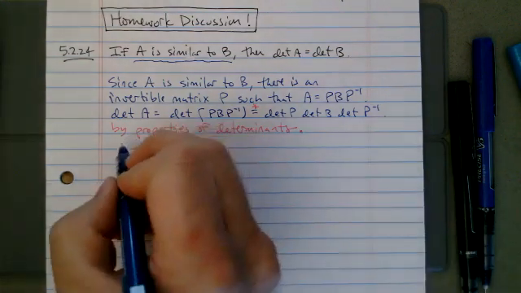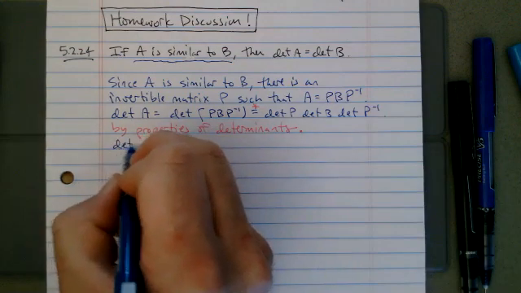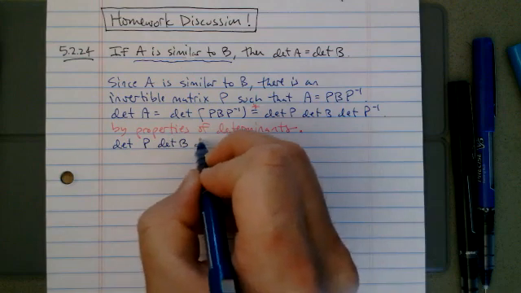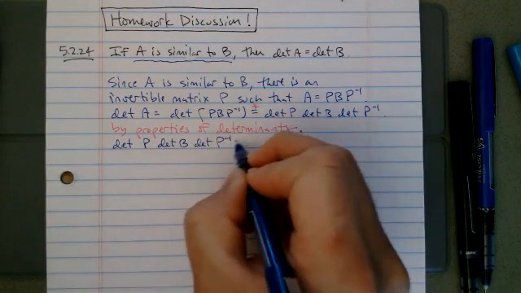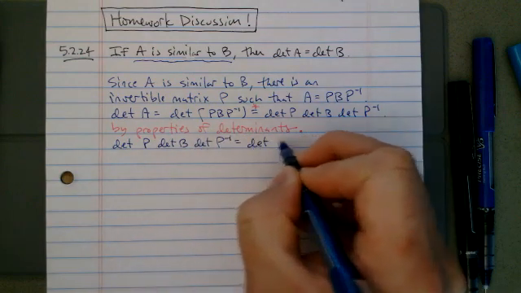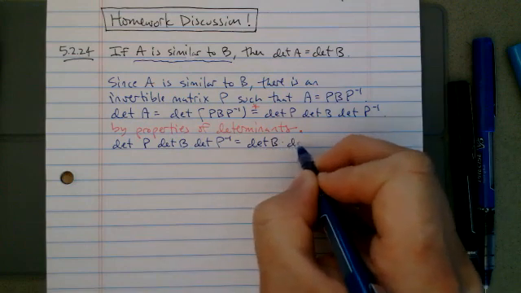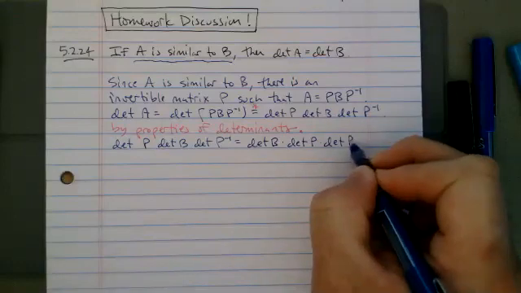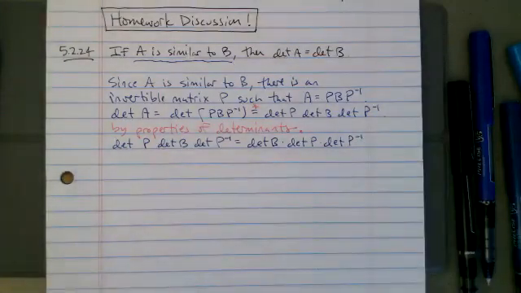So the determinant of P times the determinant of B times the determinant of P inverse is equal to the determinant of B times the determinant of P times the determinant of P inverse. We can do this because determinants are scalars, and scalar multiplication is commutative.